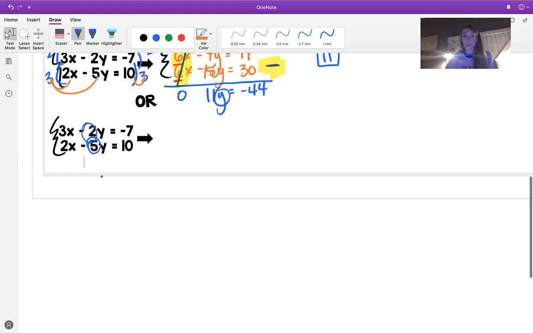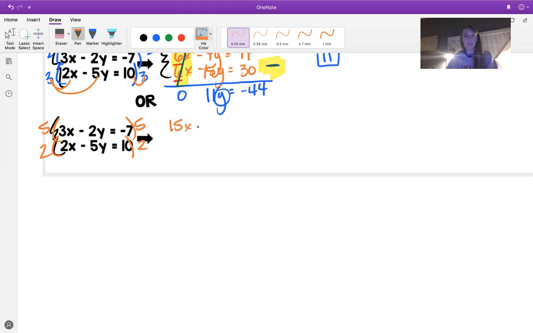I know that a multiple for 2 and 5 is 10, so I could multiply this one by 5, and this one by 2. That will give me 15x minus 10y equals negative 35. And then I have 4x minus 10y equals 20.